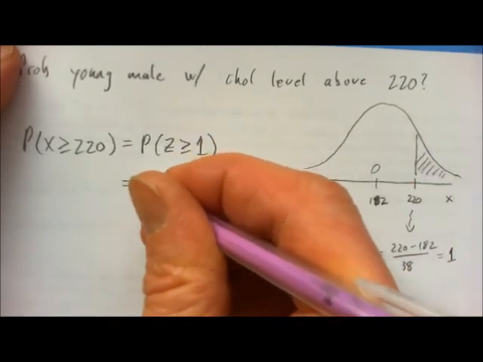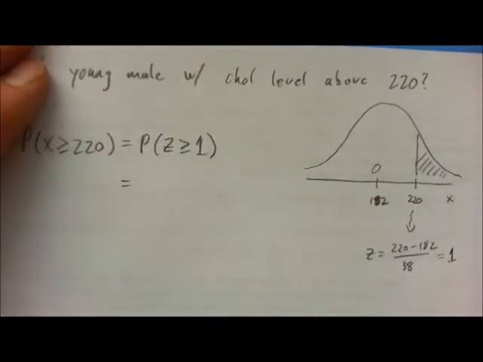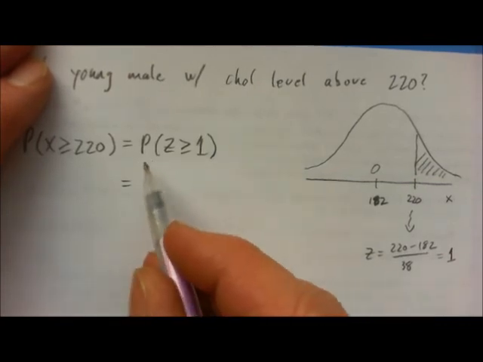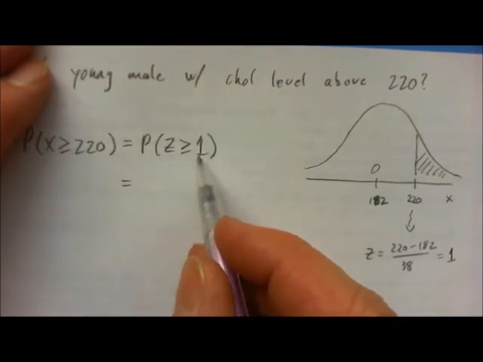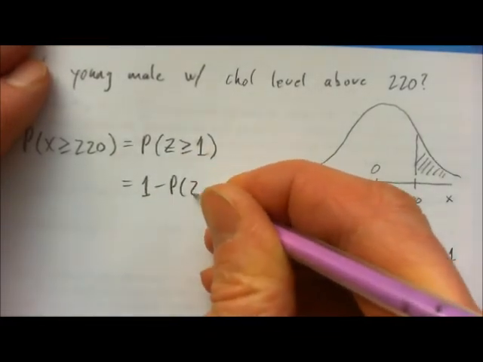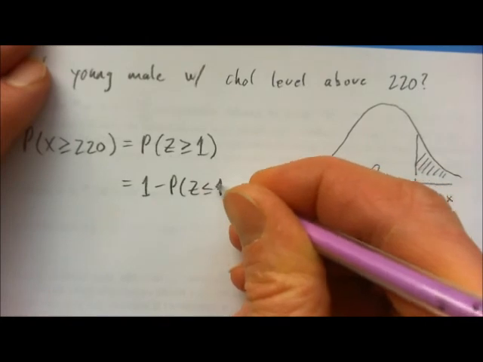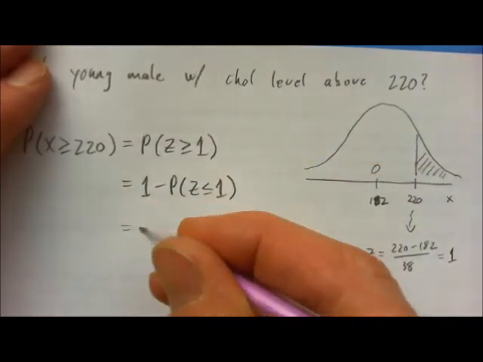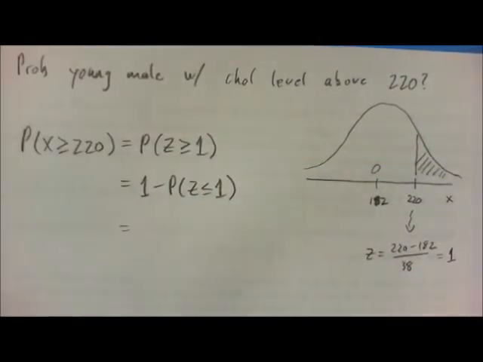Now we could use the 68, 95, 99.7 rule, but let's use the table instead. Remember, when we want to find a probability that z is greater than some value, that's 1 minus the probability that z is less than that value. So we want 1 minus the probability that z is less than or equal to 1.